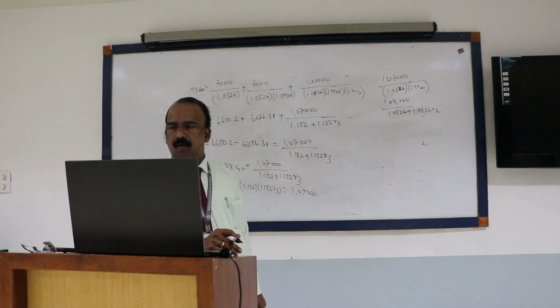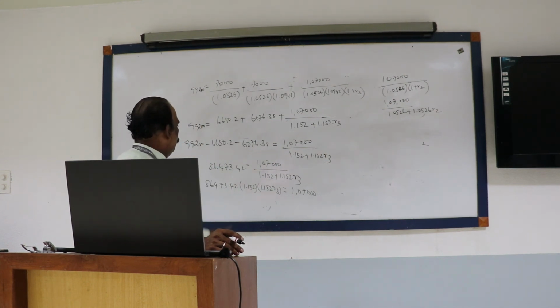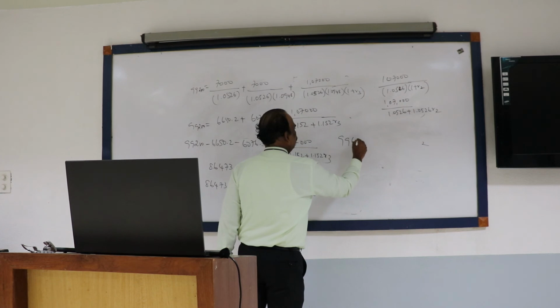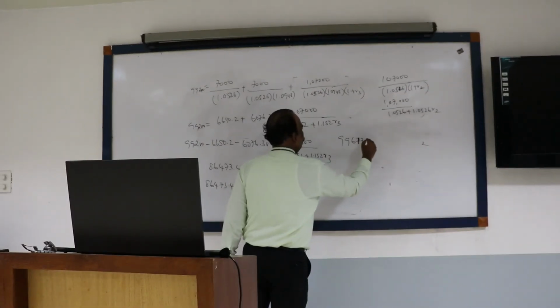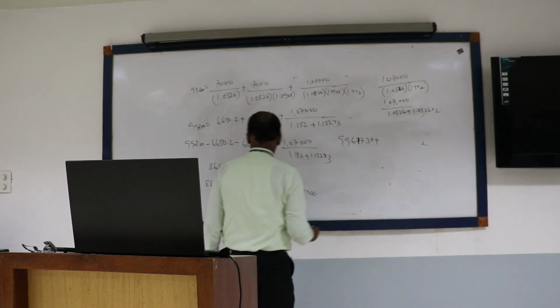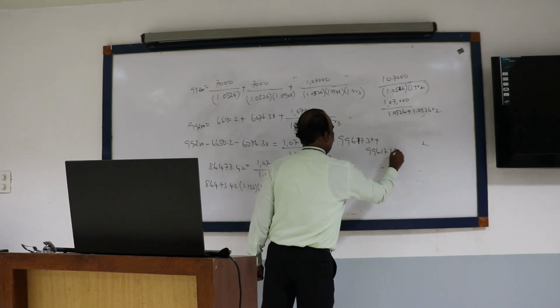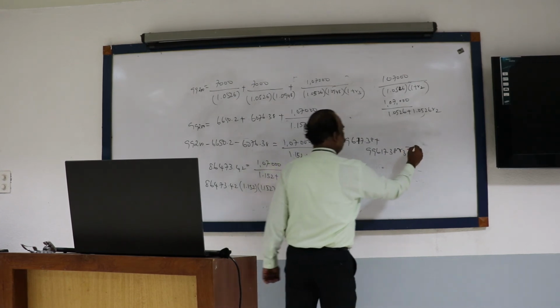Multiply. It comes to 99,617.38 plus 99,617.38 R3 is equal to 1,07,000.